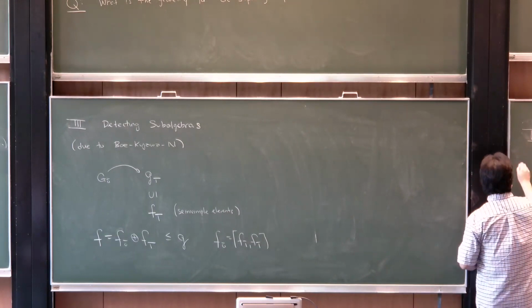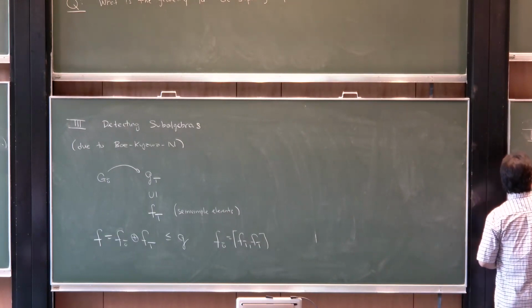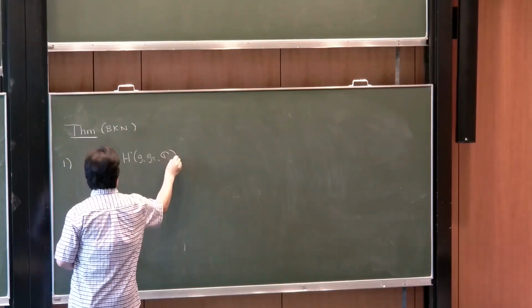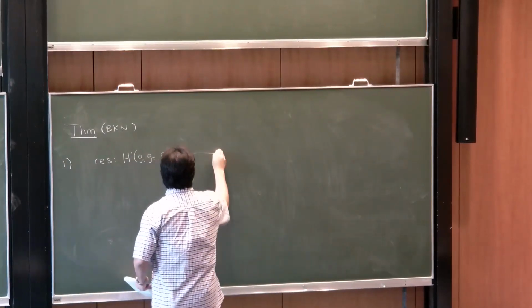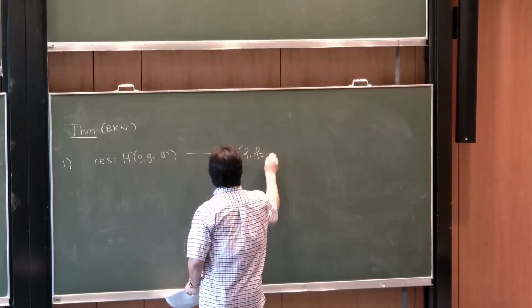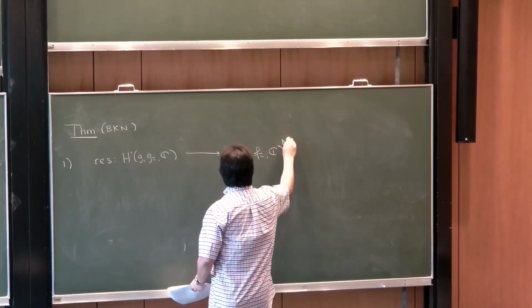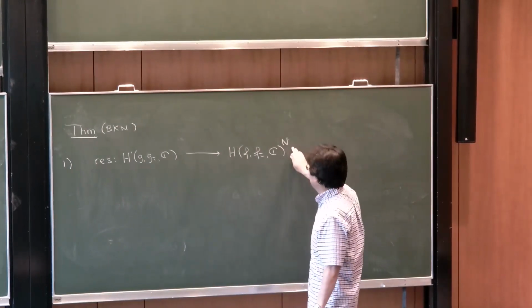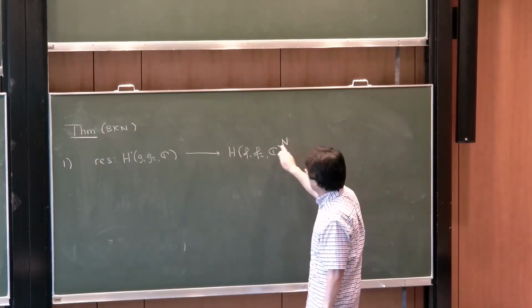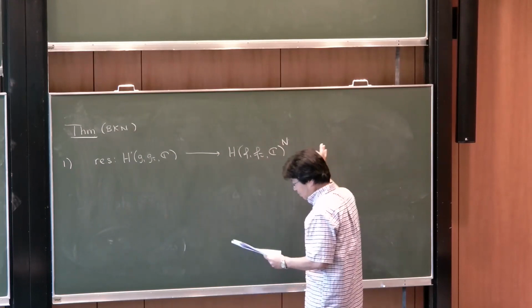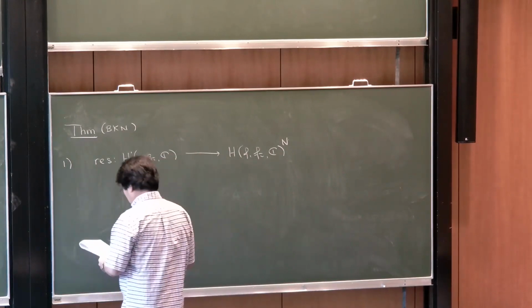The first theorem is that if you take the restriction map in cohomology, you can just restrict to the cohomology for F, and then you can take the N invariants. Here N is the normalizer of F1 inside of G0, just a reductive group.